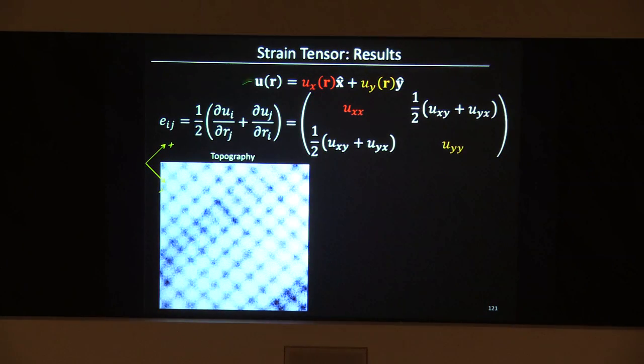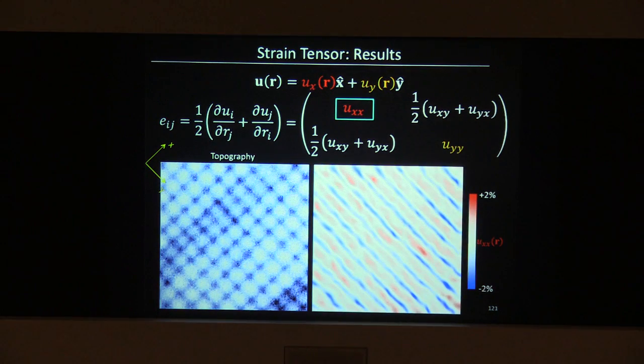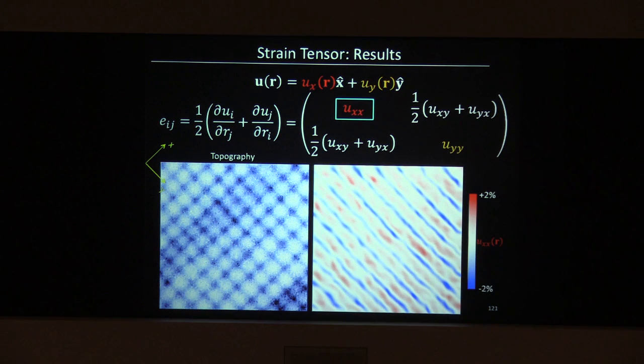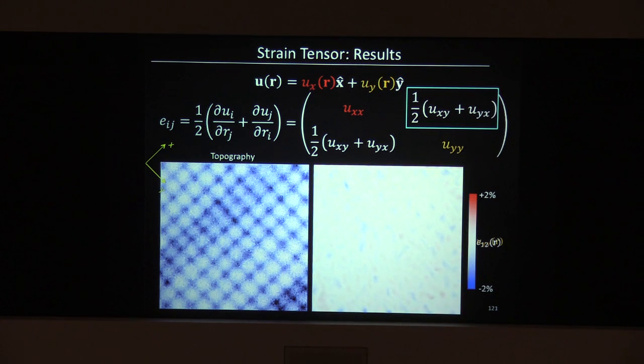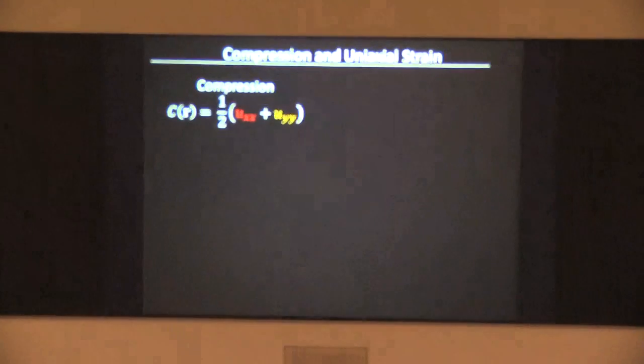So what we did was we computed the strain tensor because we know all the atomic shifts. We took this area and we computed the strain tensor. This, for example, is one of the elements, uxx, of the strain tensor. This is another element, uyy. This is the off-diagonal component of the strain tensor, and so on.